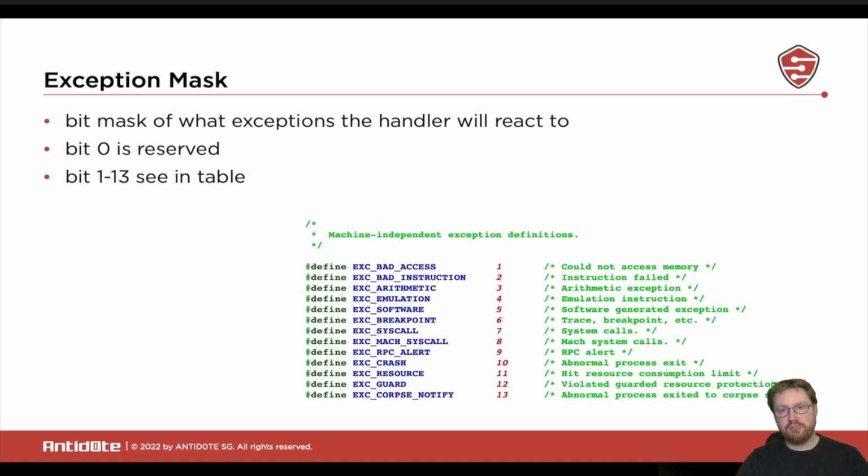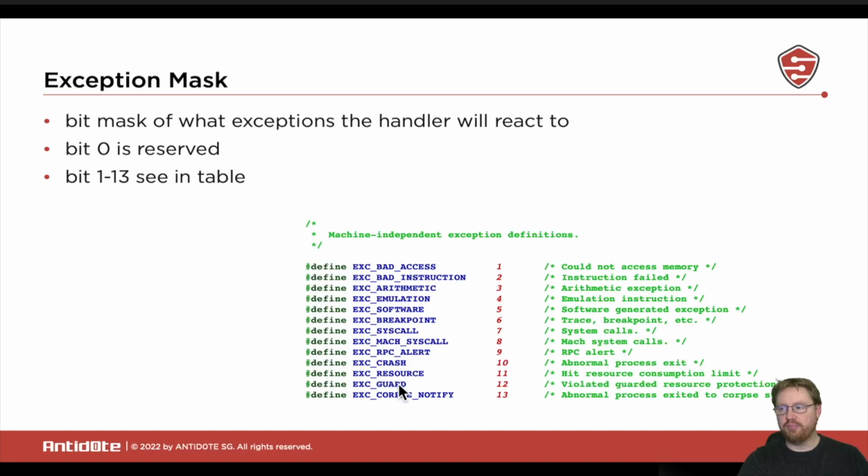The exception mask selects which exceptions you are interested in, and it's a bit mask with the following bits, meaning different kinds of exceptions. First of all, bit 0 is not used, it's reserved. Then bits 1 to 13 select what kind of exception we are interested in.